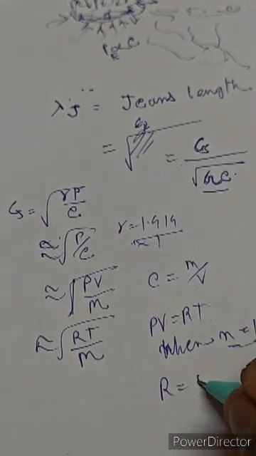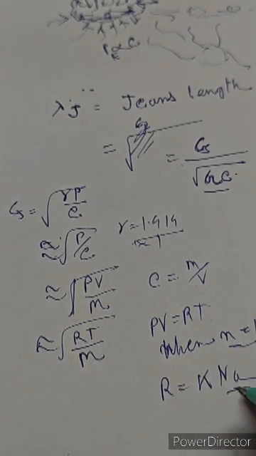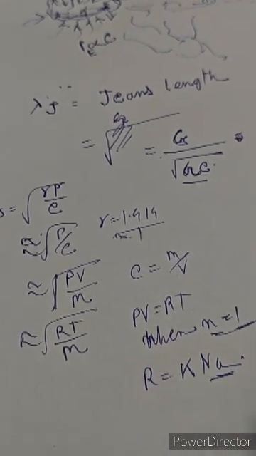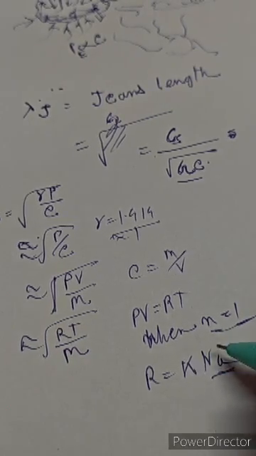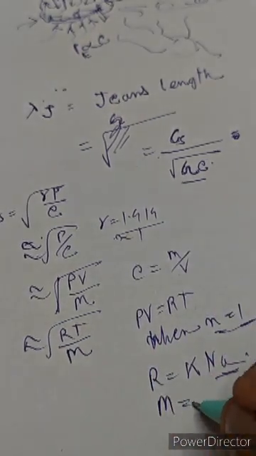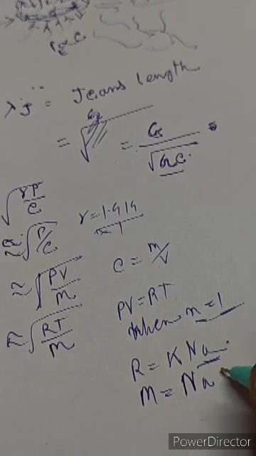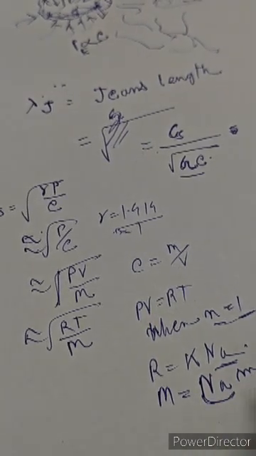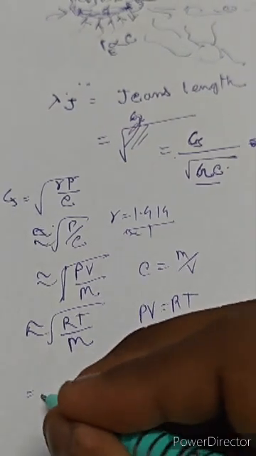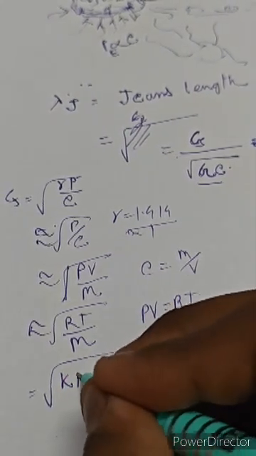R is equal to k into Na, where Na is 6.0 times 10 to the power 23, the number of molecules. M is equal to Na into small m, and N is the number of molecules. So here we express it like that: k Na T.